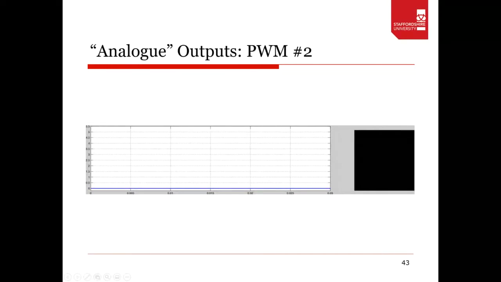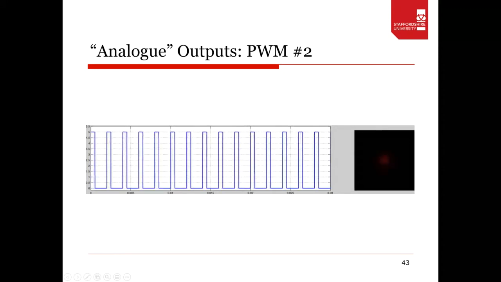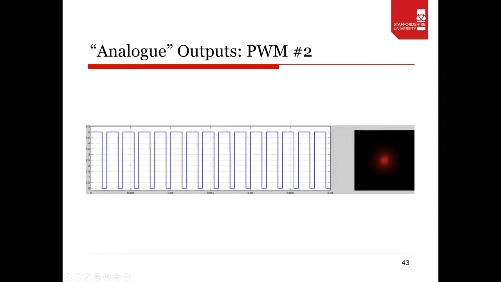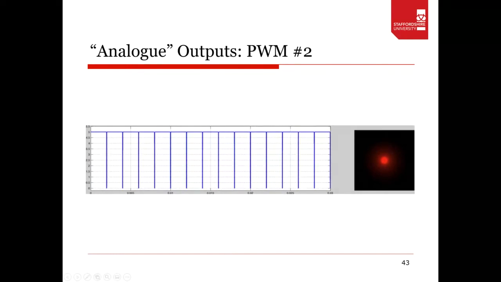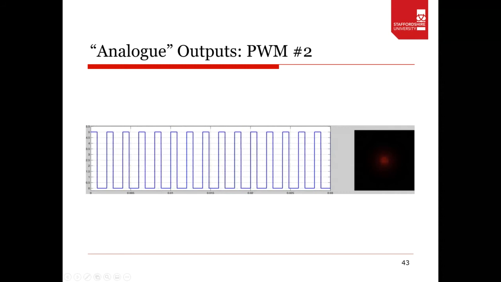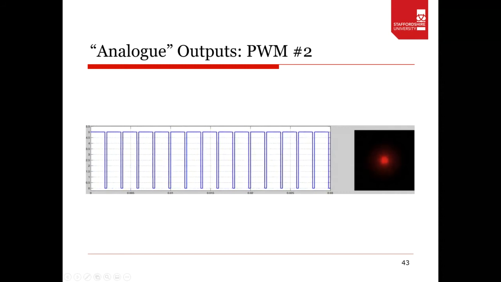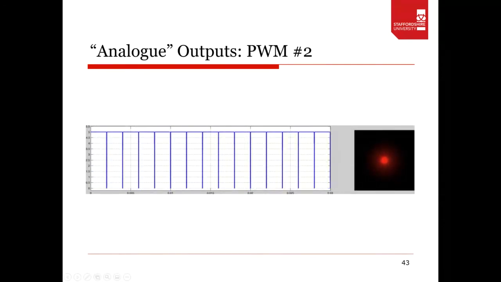What I've got here is an image of an LED. We're outputting digital, a 1 and a 0 waveform, but it shows that when we have the minimum off time and the maximum on time, the LED is at its brightest. We start off with 0, and as it comes higher, the LED gets brighter.